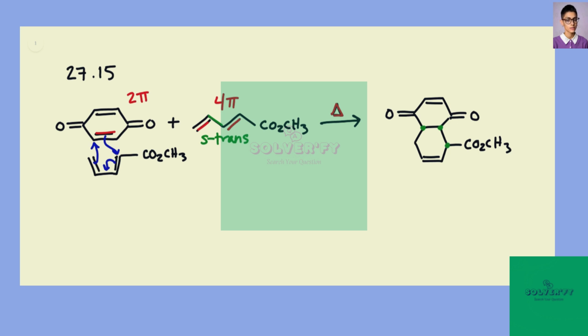Part A also asks to indicate the stereochemistry at these new stereocenters, and to determine that, let's move on and look at Part B. Part B asks us to draw the p orbitals of the bonds we used in this reaction, so let's draw this a little differently to try to visualize how the new bonds are being formed.